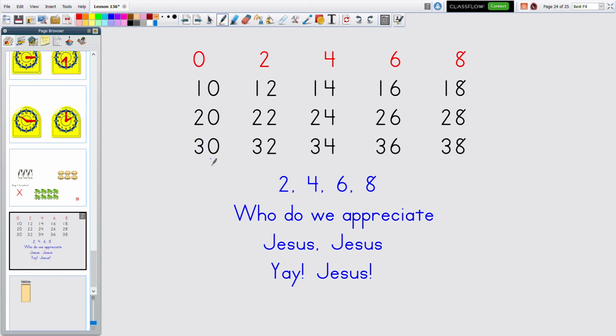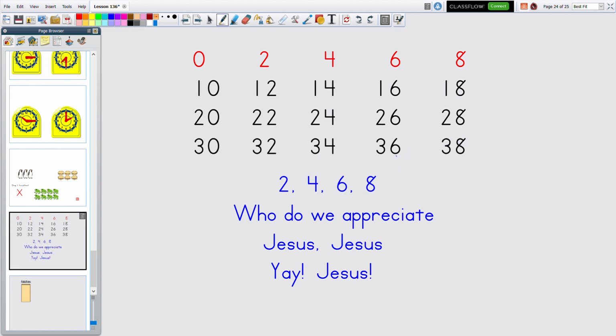On the first one, we don't say the 0, but we say the numbers that are here. Let's do that again. 2, 4, 6, 8. 10, 12, 14, 16, 18. 20, 22, 24, 26, 28. 30, 32, 34, 36, 38.